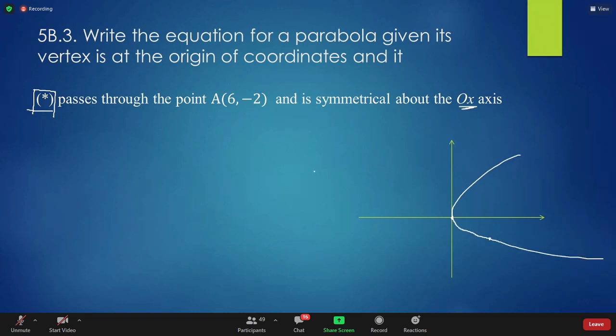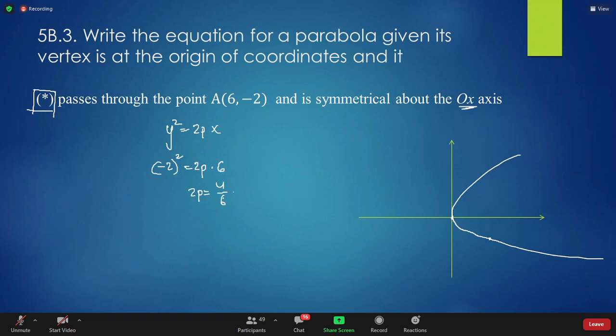So in this case, the equation should be y squared equals positive 2p times x. In this case, I would say minus 2 squared, because I put y in there, equals 2p times, and x is 6. So actually 2p equals 4 over 6, or 2/3.